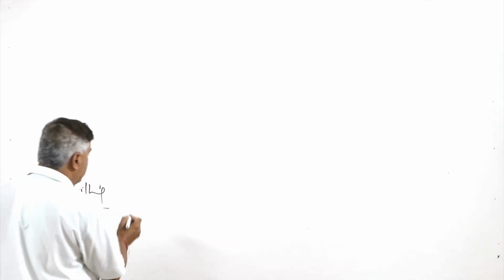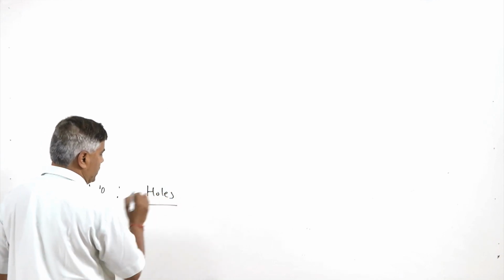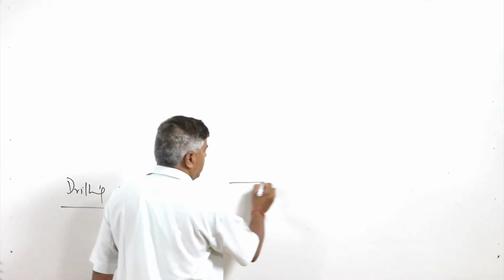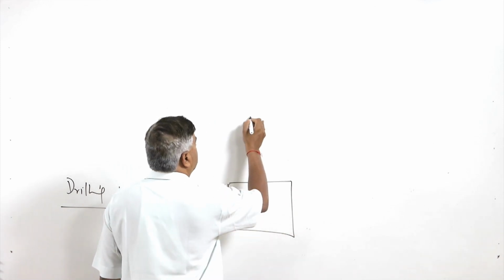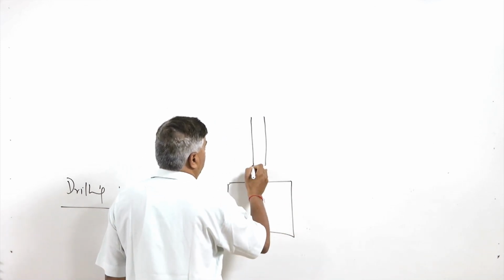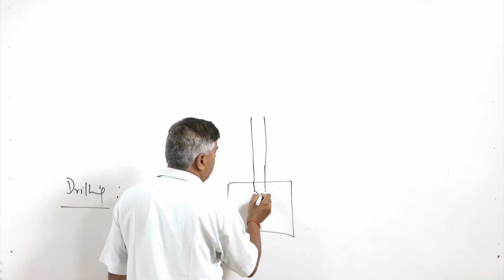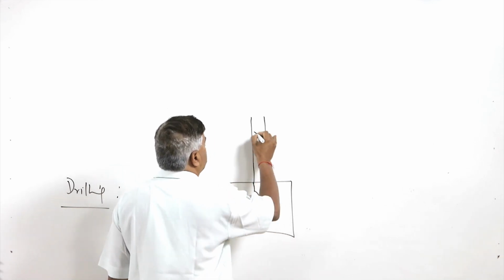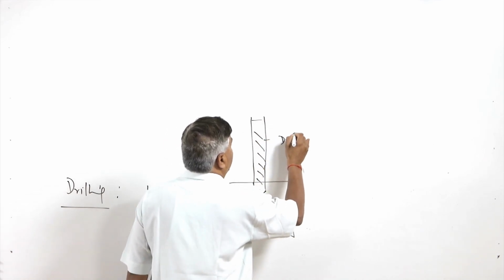The drilling process is basically used for creating holes, and in this process the workpiece is kept fixed and tools of various configurations are used, and the tool is basically known as a drill.